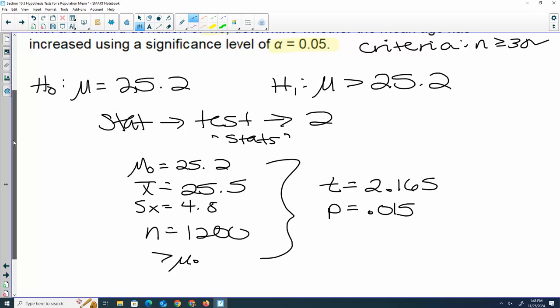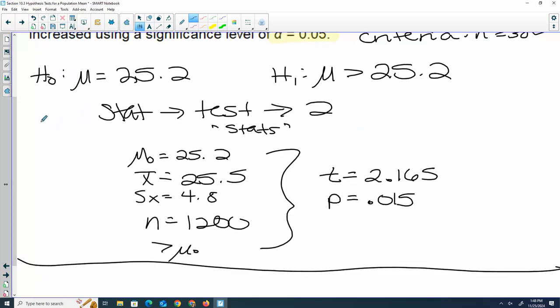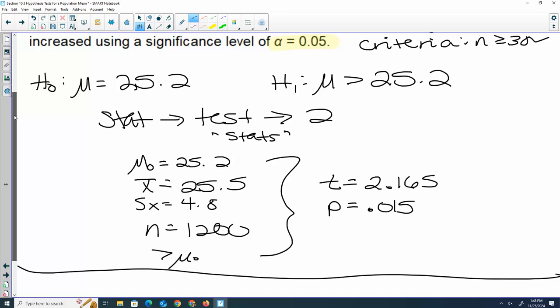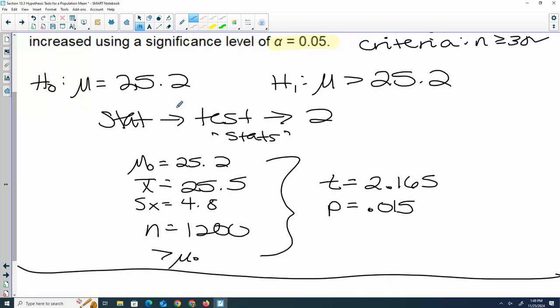So, what do we do? We compare it to alpha. Is P less than alpha? Did you get 0.015? Oh, I did not get that number. I got 0.5.